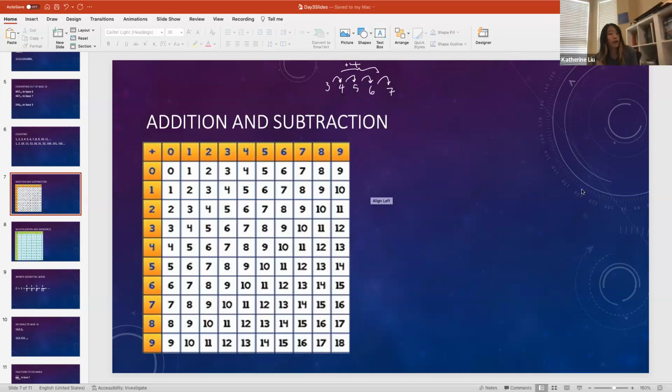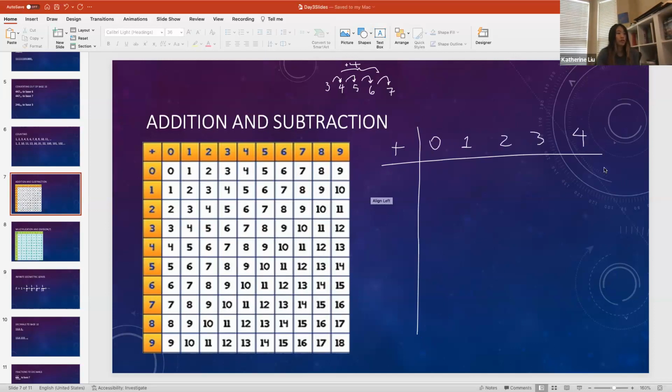But we can create our own addition tables based on any number, right? So let's say we wanted to do addition base 5. So we have the possible numbers 0, 1, 2, 3, 4, and that's it.